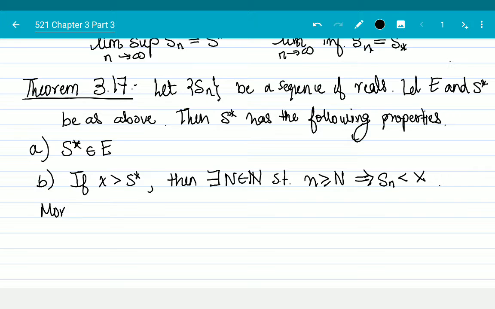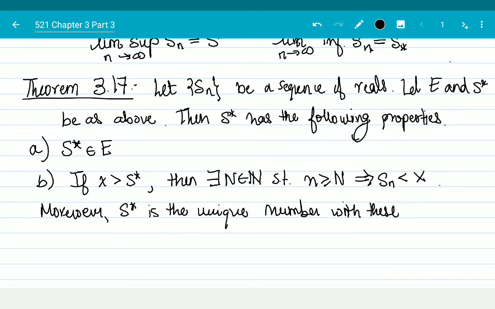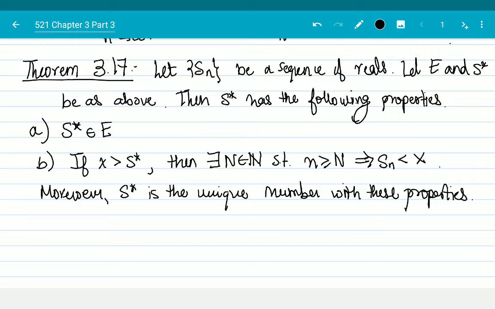Moreover, S star is the unique number with these properties. Similar results hold for S lower star.